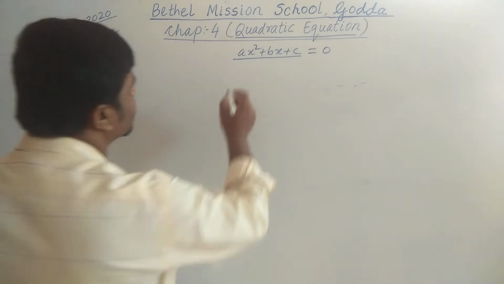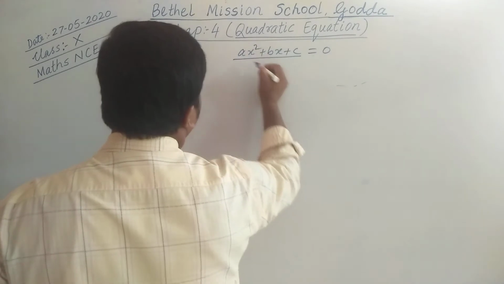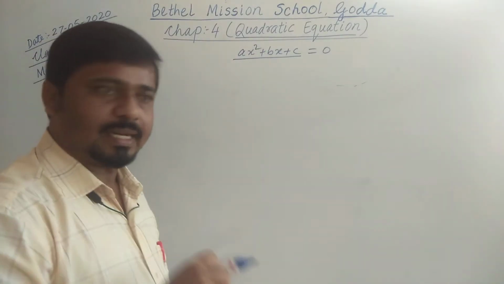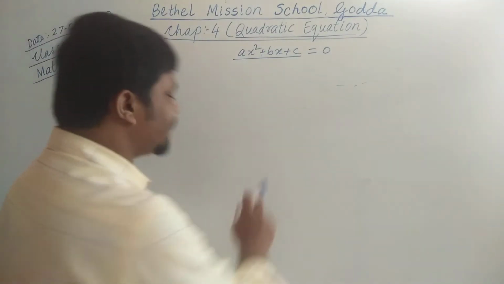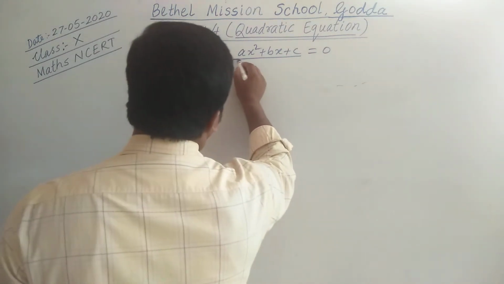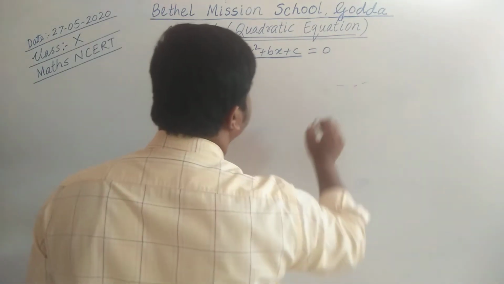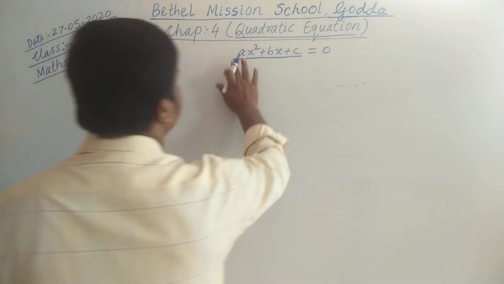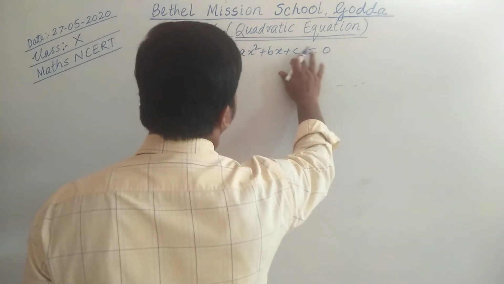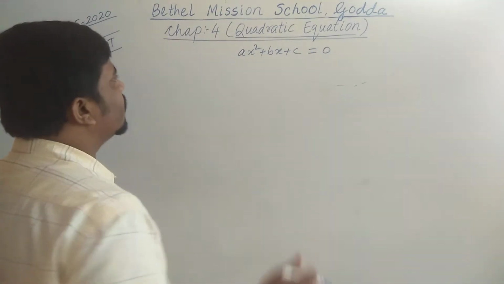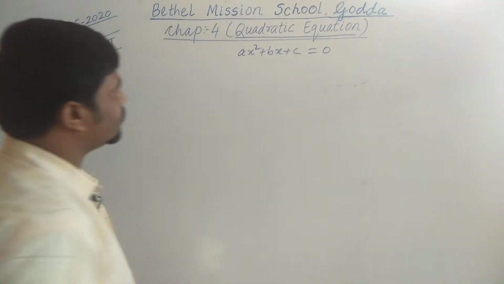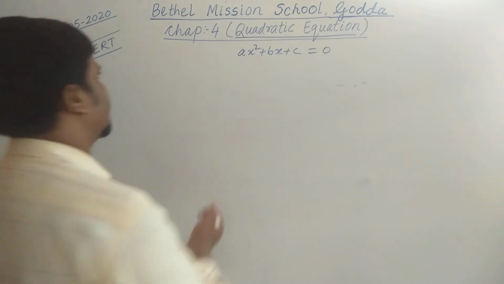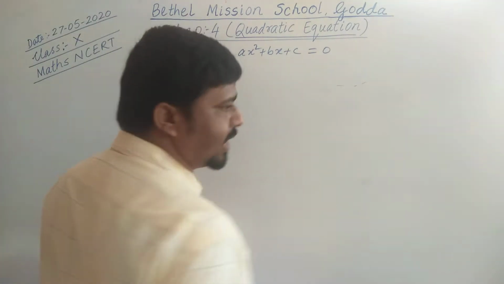But here some special property will be used, that is the quadratic formula, and that is new for you. So let's see what is the quadratic formula and how can we find it.